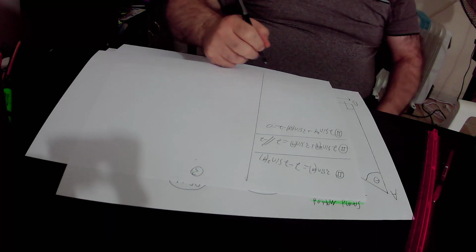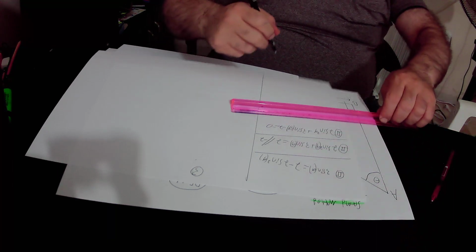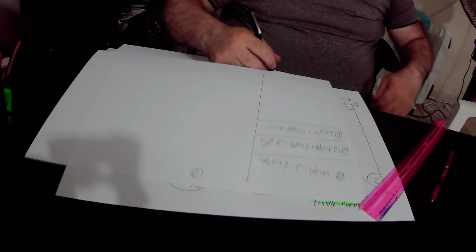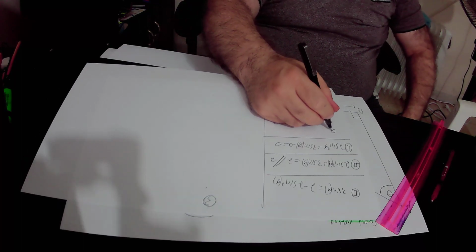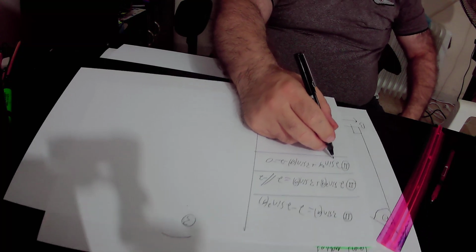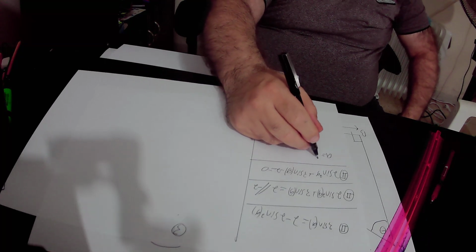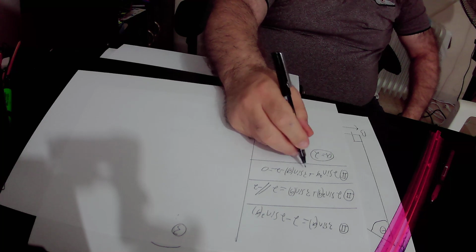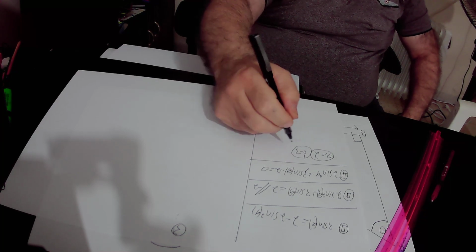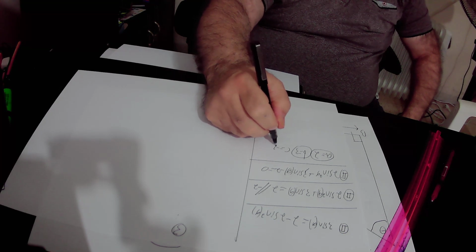So here we have a quadratic equation. The coefficient a equals 2, of course, here, as you can see. The coefficient b equals 3, and the coefficient c equals minus 2.